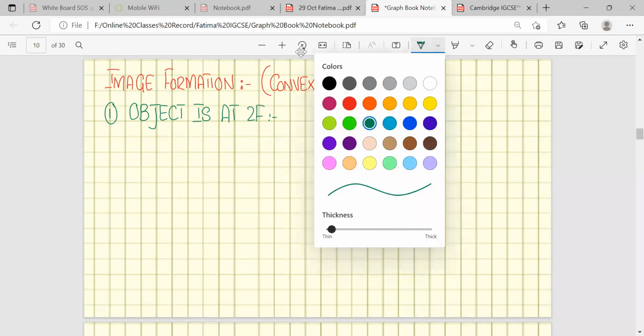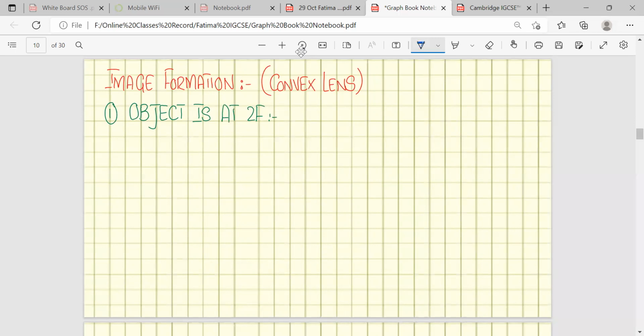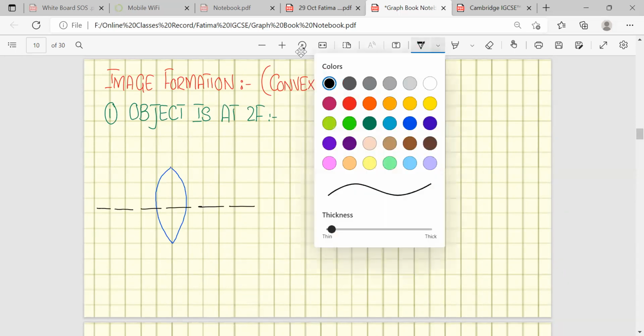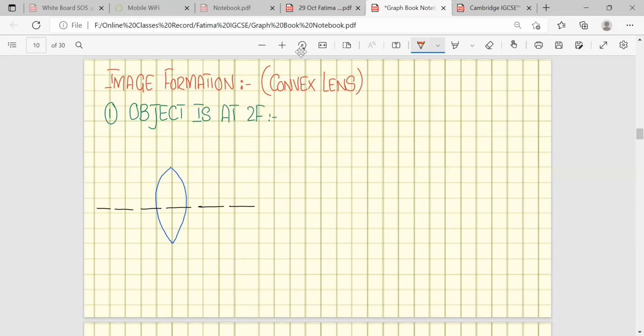So the image formation we get in this case is like this: there is a convex lens. Then we draw a principal axis there, and there is an object placed over here.